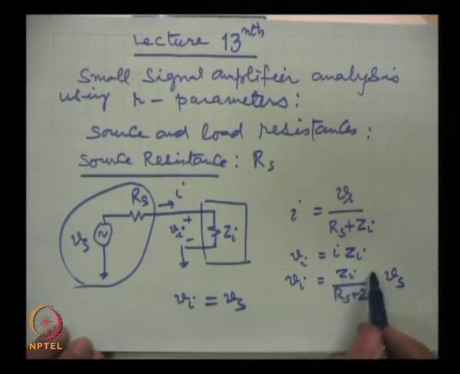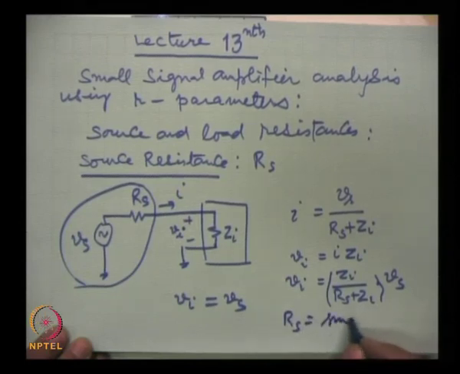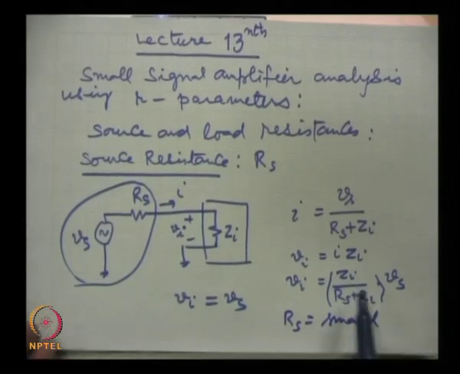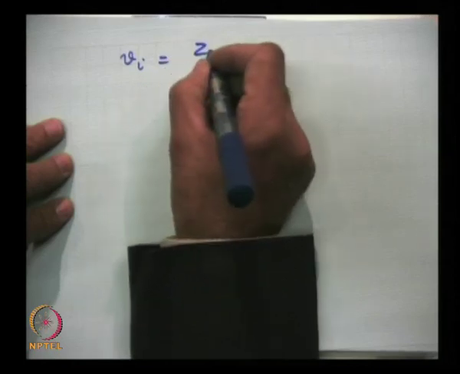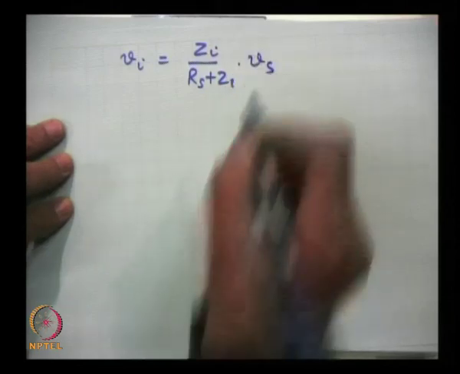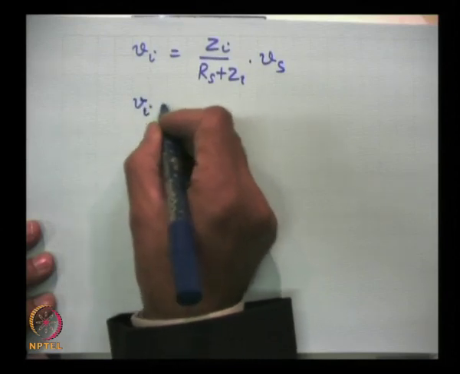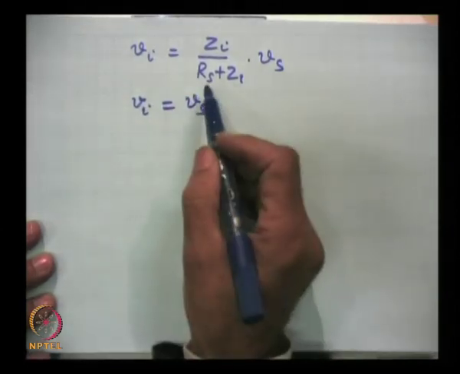Now, it is obvious from here that V I will be equal to V s if R s is small enough as compared to Z I. So, in the expression V I equals Z I upon R s plus Z I into V s, for V I to be equal to V s, R s should be low.